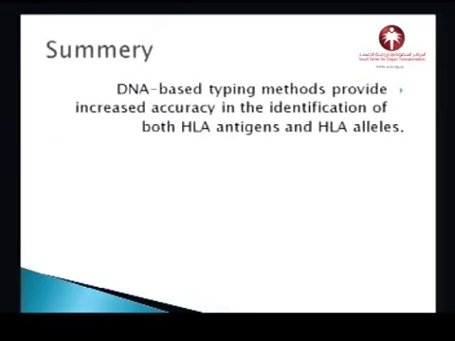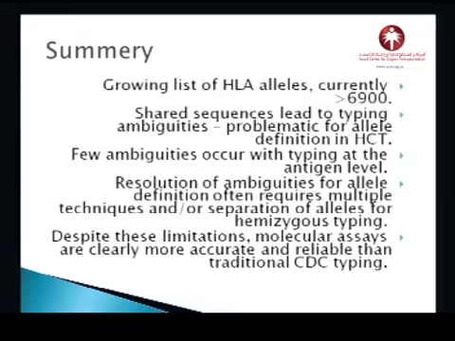So in brief, the DNA-based or molecular typing method provides an increased accuracy in the identification of HLA antigen and allele. It has some limitation, which is because of the growing number of alleles. We always need to consider a higher resolution type of typing, especially in hematopoietic stem cell transplantation, where we need a higher resolution.